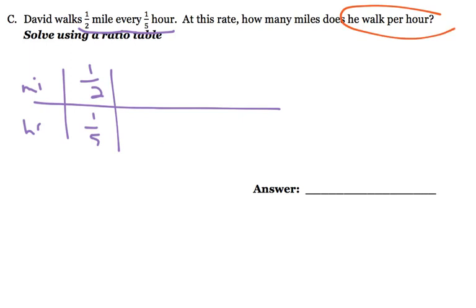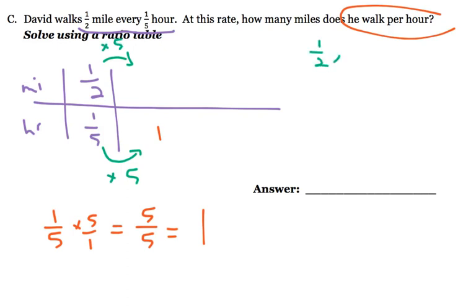So again, we're looking for one whole for the hours, because it says per hour, which means per one. And 1/5, if I multiply 1/5 by 5, that would give me 5/5, because that's like 5 over 1, and 5/5 is like 1 whole. So I'm just going to multiply this by 5.